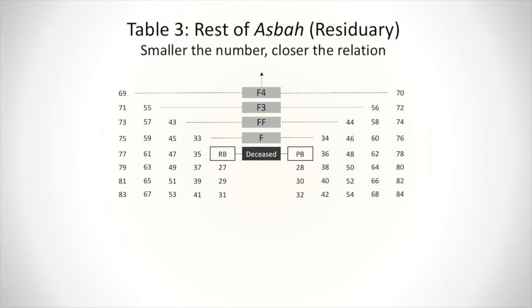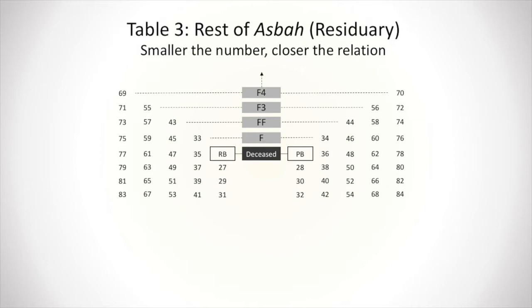If you move up from the deceased person, these are the ancestors, such as father, then father's father, and so on and so forth. If you move to the left, you will move to the real brothers. So RB is the real brother of the deceased person, and now going down, 27 would be the son of the real brother, and 29 would be the son of the real brother's son, and 31 would be the next generation, and so on.